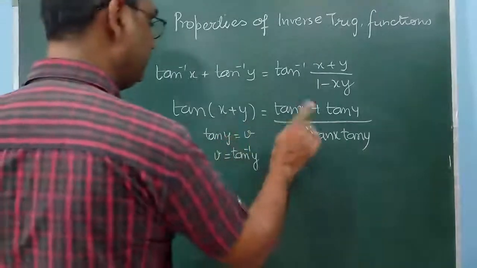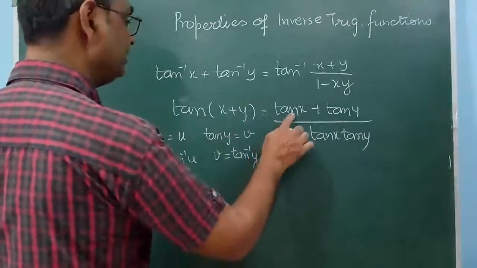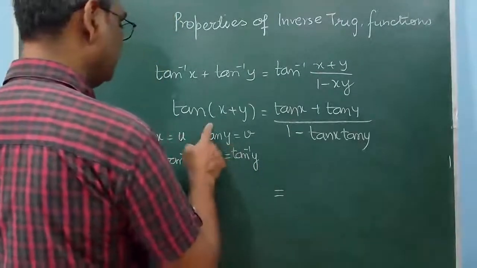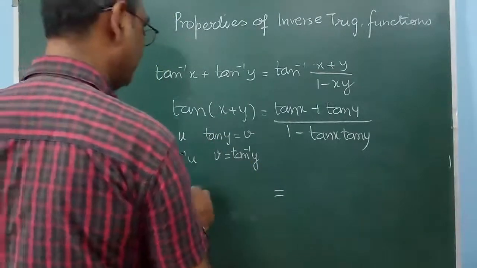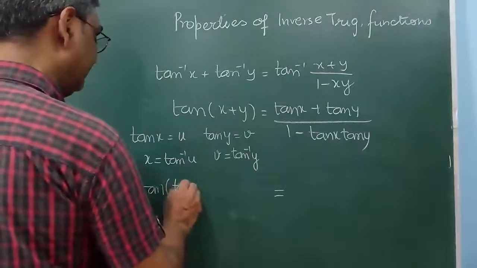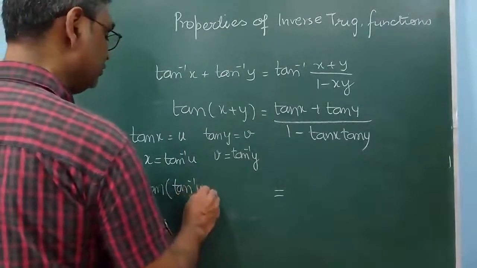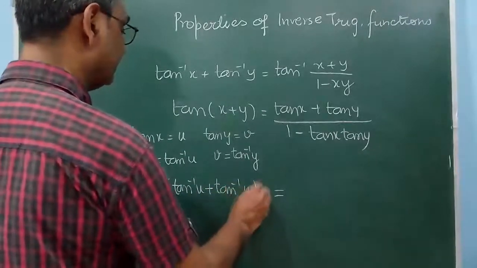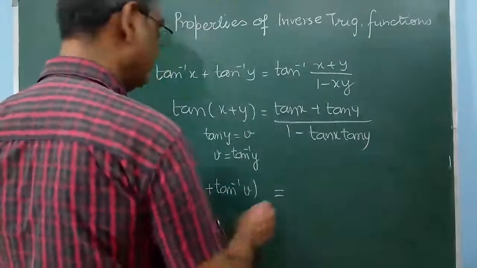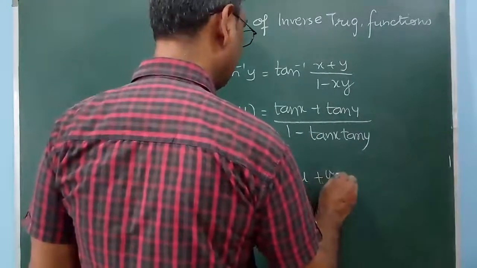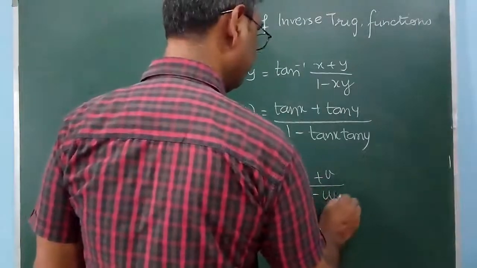Now here we can place the values. Tan of x plus y, that is tan of tan inverse u plus tan inverse v, is equal to u plus v upon 1 minus uv.